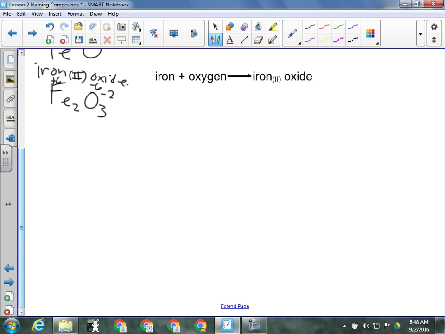Everyone follow my reasoning there? Okay, so I just take whatever I got to get and divide it by how many I have to get it from. So 6 over 2, this is the iron with the 3+ charge, and this is iron, Roman numeral 3, oxide. All right, does that make sense to everybody? Okay. So you have to work backwards a little bit on those.